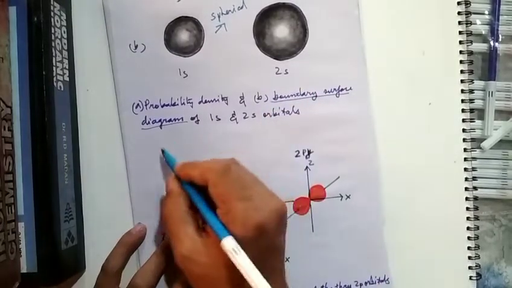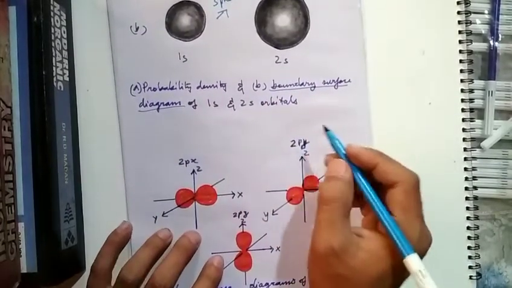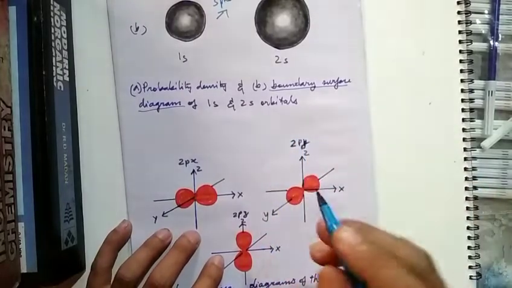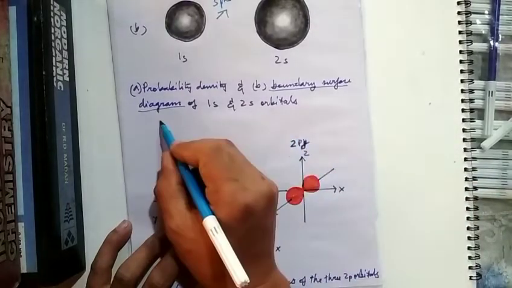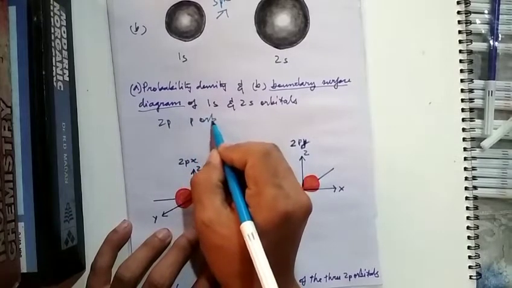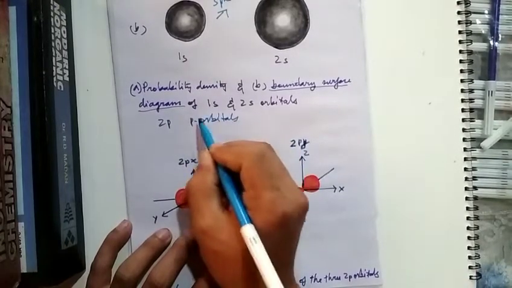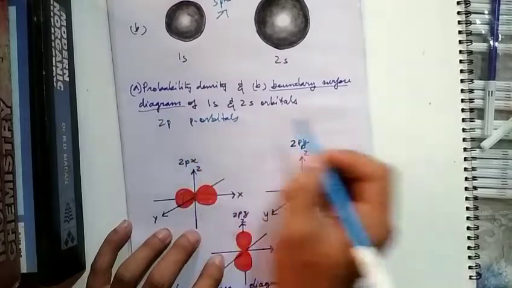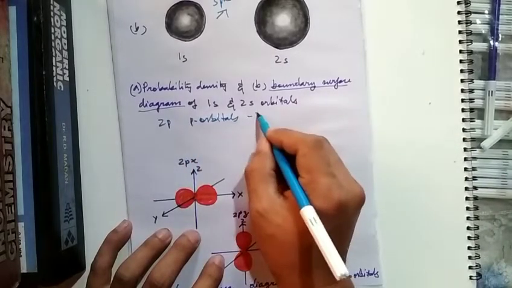Next we come to the boundary surface diagrams of 2p, or we can say p orbitals. The p orbitals have 3 different orbitals.